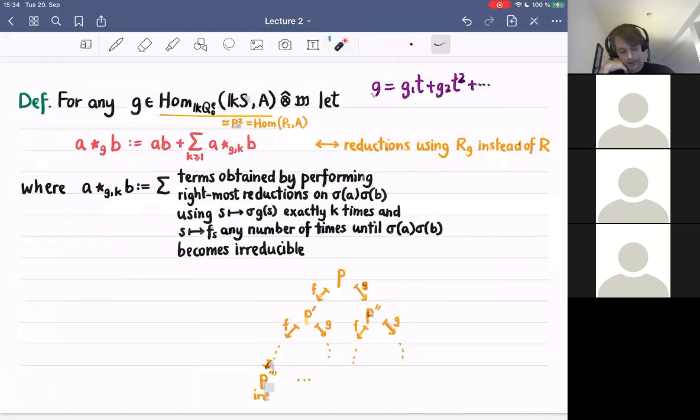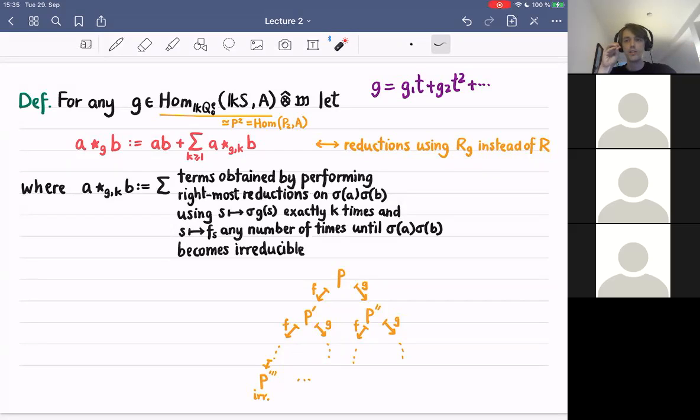More precisely, we say A star G B is the sum of all the terms you obtain by performing rightmost reductions on sigma A, sigma B. So you take two elements in A, you lift them to the path algebra KQ, and then you concatenate them, and then you use reductions over and over again. But now you use reductions inside the new reduction system, RG.